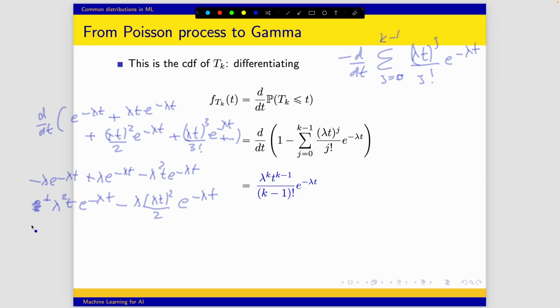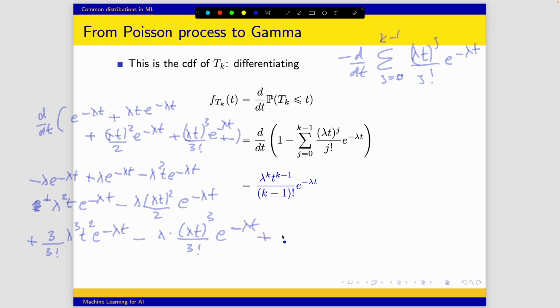And then for this term, we get plus 3 over 3 factorial times lambda cubed t squared e^(-lambda t). And then we get a minus lambda times (lambda t)^3 over 3 factorial e^(-lambda t).